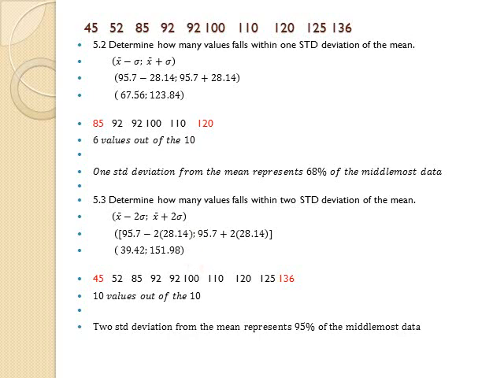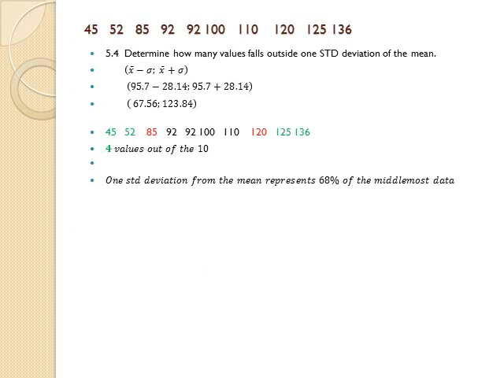We can also change this question. Next problem: determine how many values fall outside 1 standard deviation of the mean. You saw the other 2 were inside, within. So the same thing I've done previously. My interval was 67.56 to 123.84.